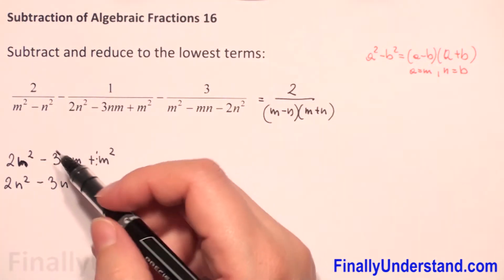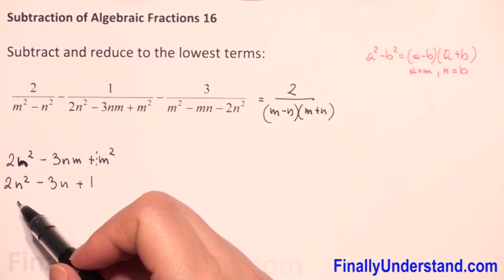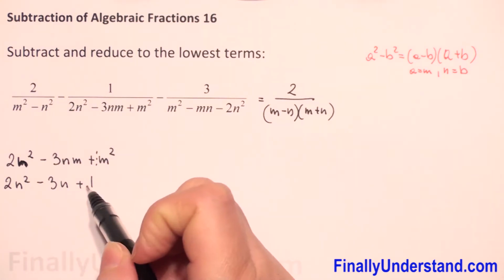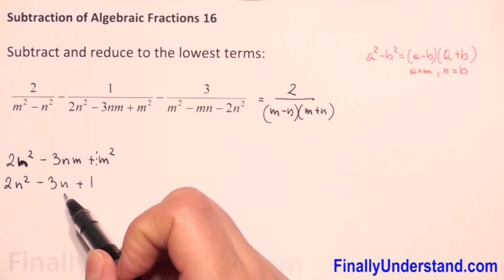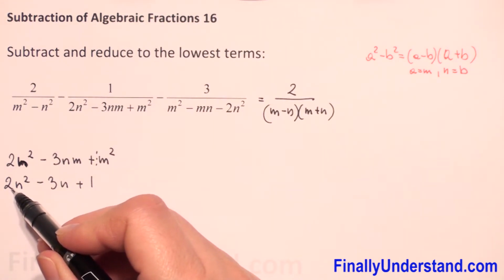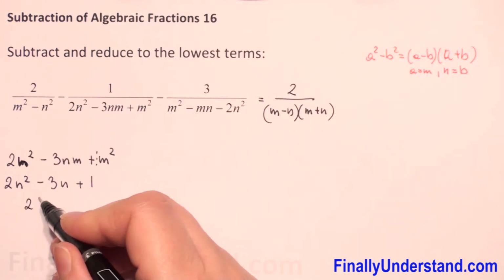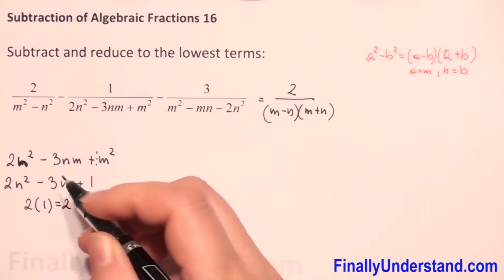So now we have a general quadratic trinomial. We will try to factorize our trinomial using the grouping method. So first we have to multiply the coefficient before n squared by the constant. So 2 times 1 is 2.